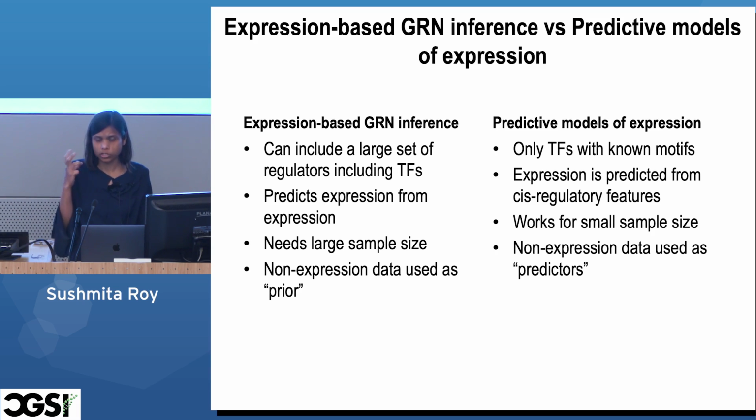But you can only use transcription factors as potential regulators, and only transcription factors for which you know what the motifs are. Expression is predicted from the cis regulatory features. But the advantage is that you can work with very small samples, because they are really trying to work out, for a set of genes, what its features are, and whether we can explain the expression level of these genes.